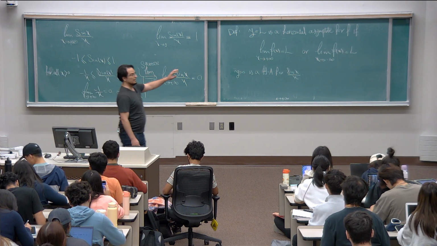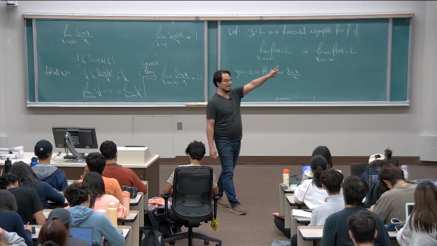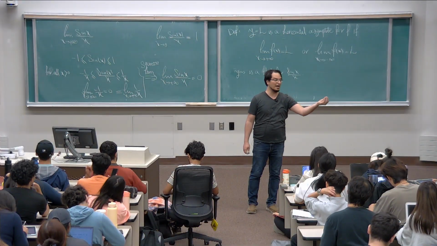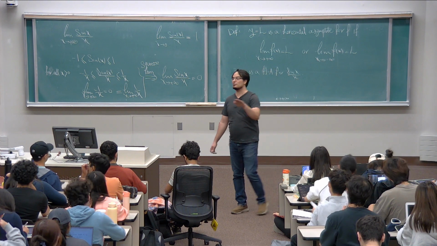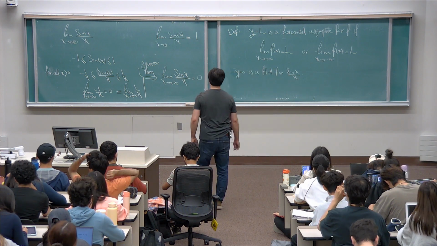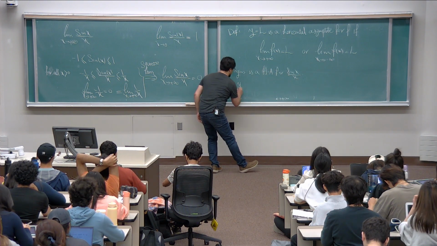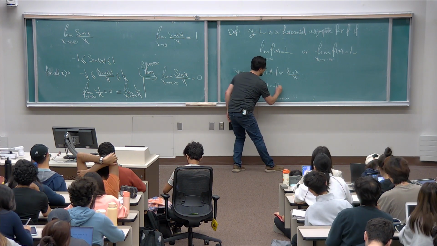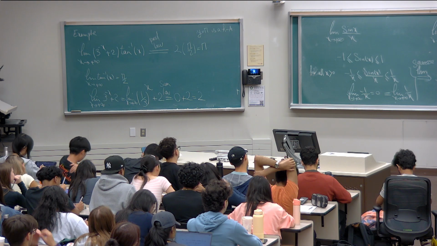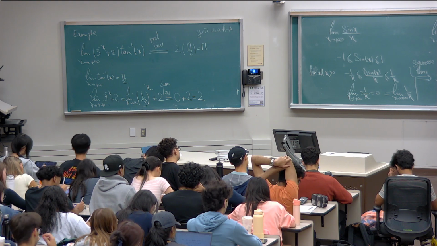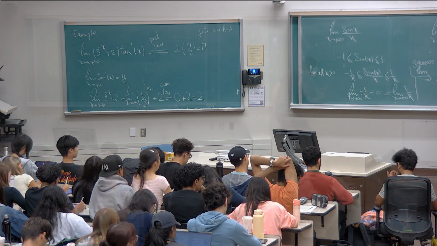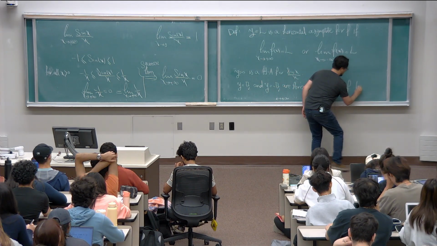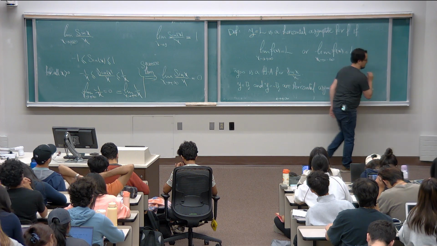Tan inverse x has two horizontal asymptotes. When x approaches plus infinity, it gives me pi over 2. When x approaches negative infinity, it gives me negative pi over 2. So y equal to pi over 2 and y equal to negative pi over 2 are horizontal asymptotes of tan inverse x.